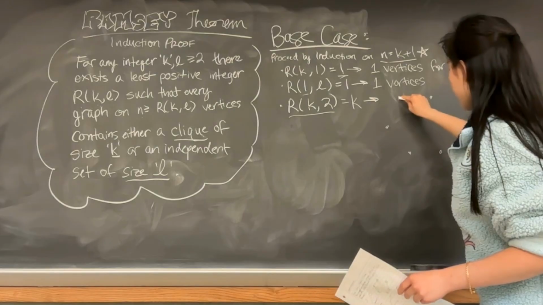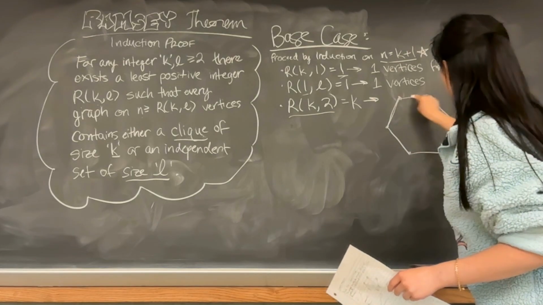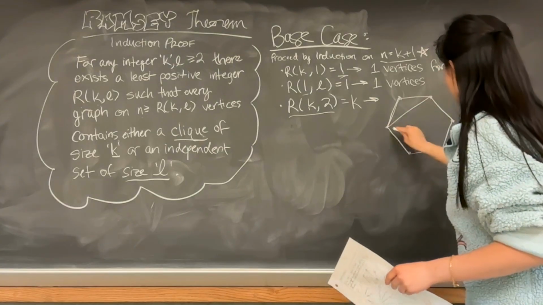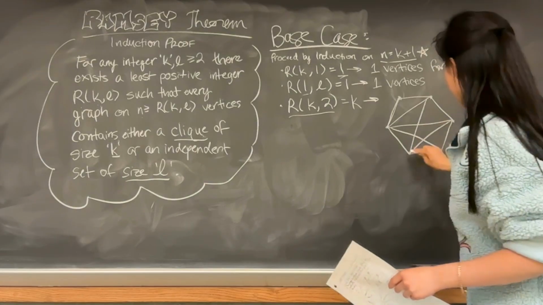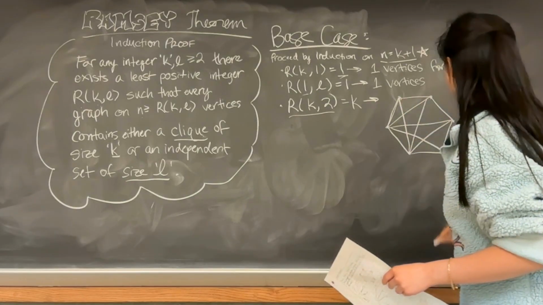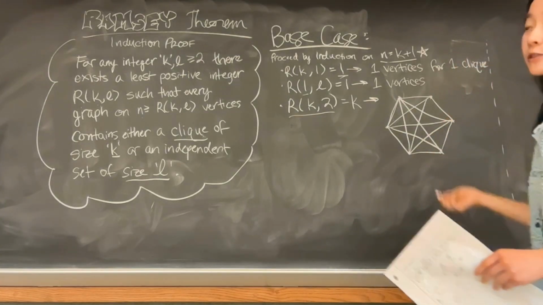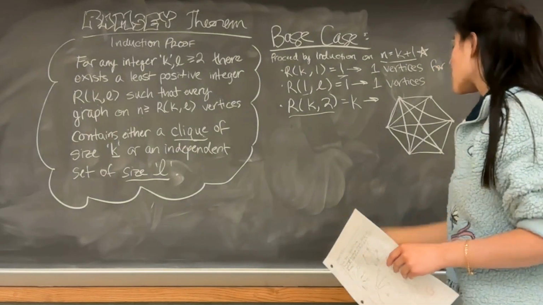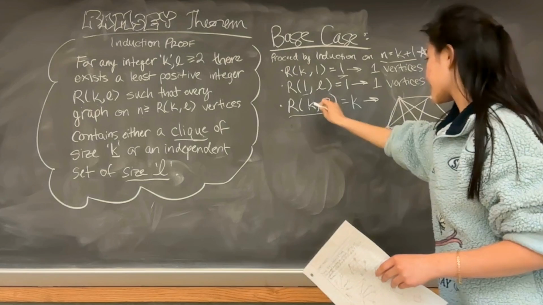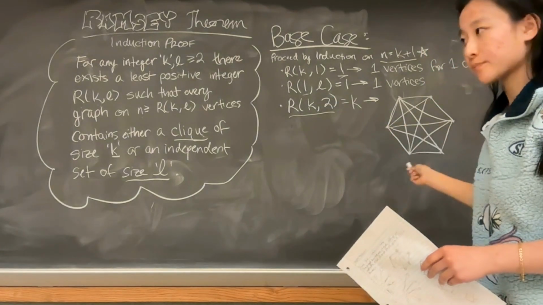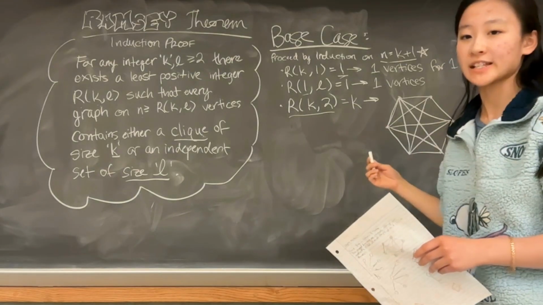Let's say they were all of them the same color, where you have something like this, and this is a complete graph, so it's connected to every single vertex. So this is our complete graph K6. If you have 6 cliques, you have to have 6 vertices if they are all of the same color.